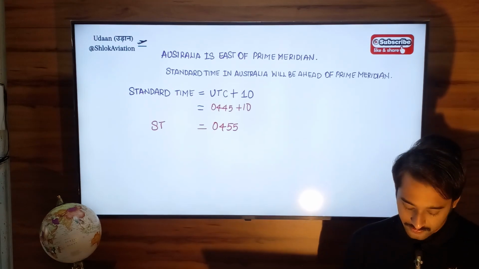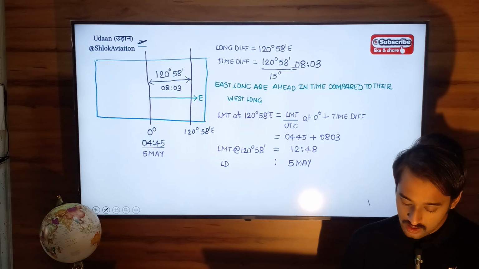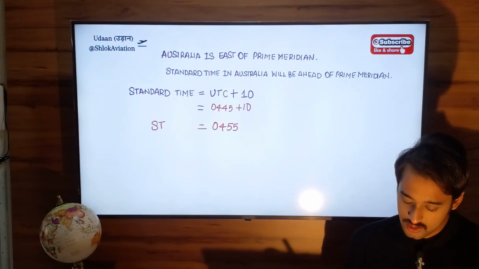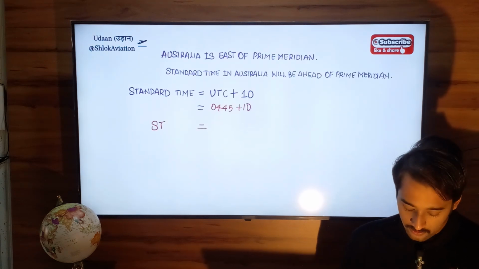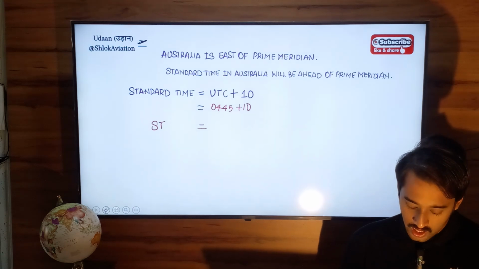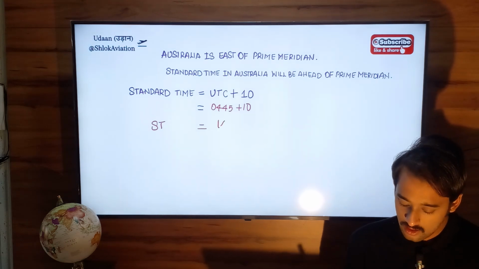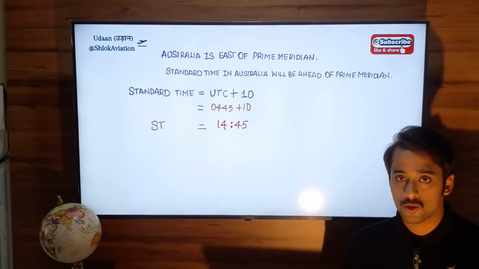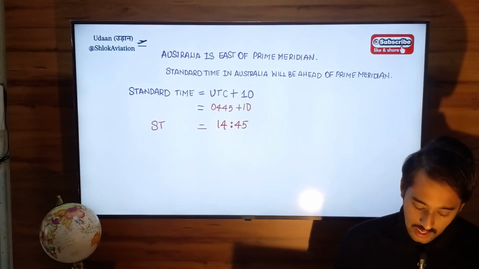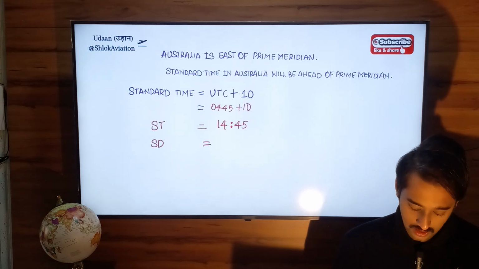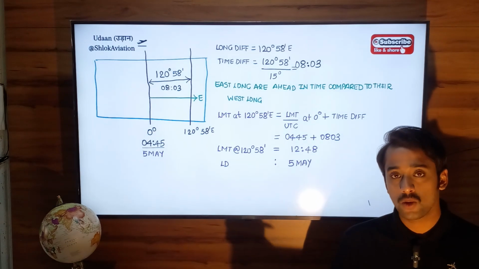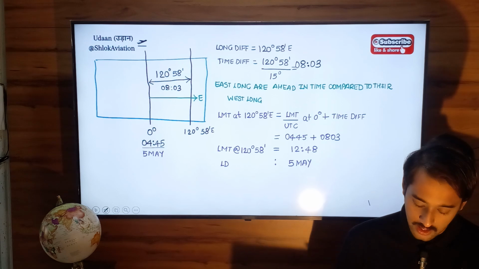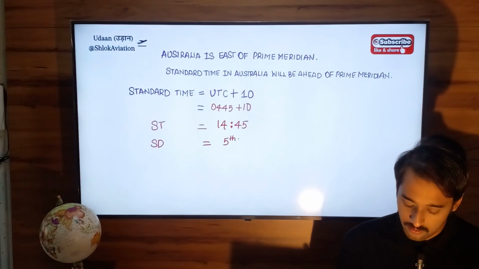And correction, this is 0445 plus 10 hours equals 14 hours 45 minutes. That is 2:45 in the afternoon, 2:45 p.m. And standard date will be the same. We have not progressed into a new day. So 5th of May.